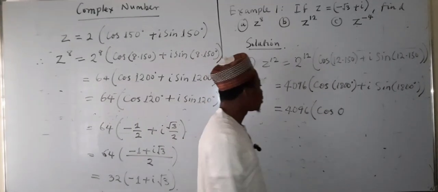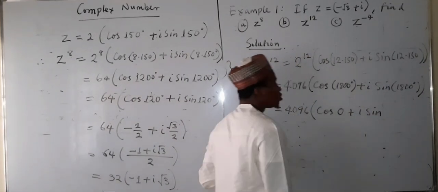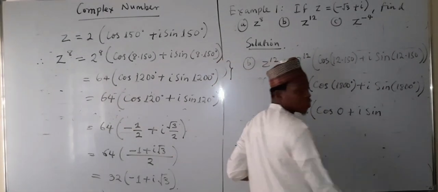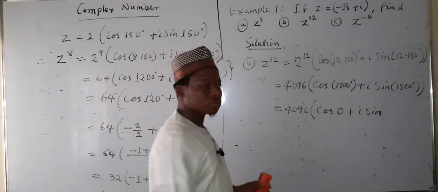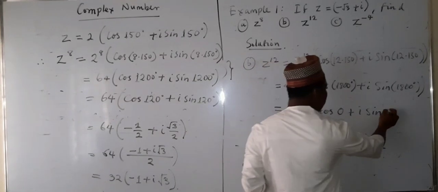So this is 10 pi. So plus i sine 1,800 will be what? Should be 0. Sine 0 is 0. So here is 0.